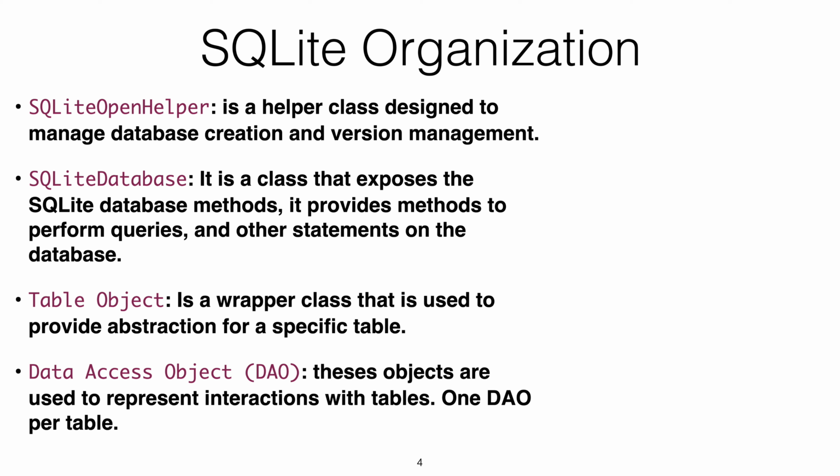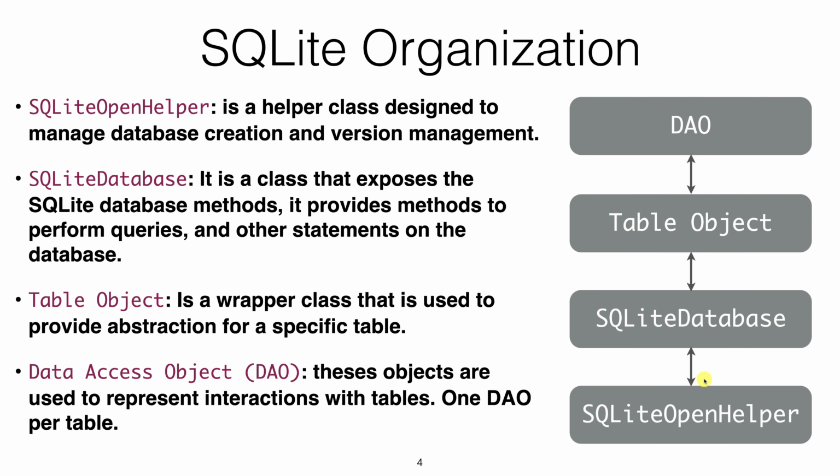If you want to interact with a specific table, we are going to use this class to facilitate that interaction. So basically there is an opener, and the opener gives us a SQLite database, and then we'll have a table object and the data access object. As the name implies, the data access object allows us to communicate with the database, and it does that through interaction with other classes, as we will see in a little bit.